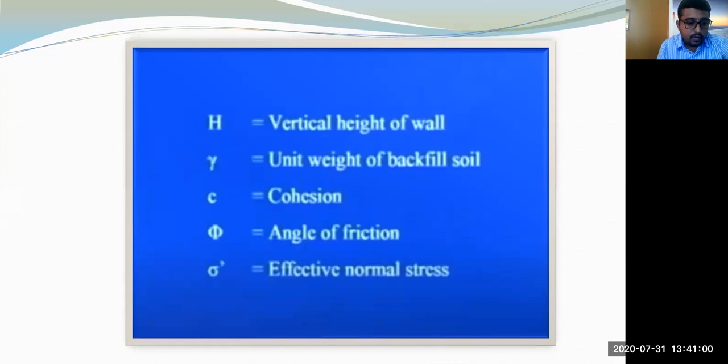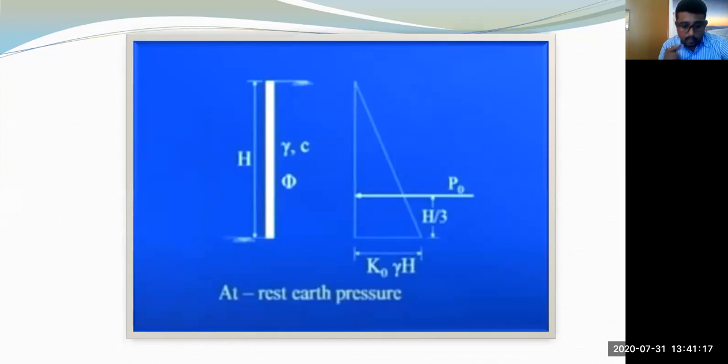So h is the vertical height of the wall, gamma is the unit weight of backfill, c is the cohesion, phi is the angle of internal friction, and sigma prime is the normal stress. The lateral earth pressure diagram at any particular depth will be as shown in the figure, that is K naught into gamma H. At any particular depth z, the vertical stress is gamma into z.